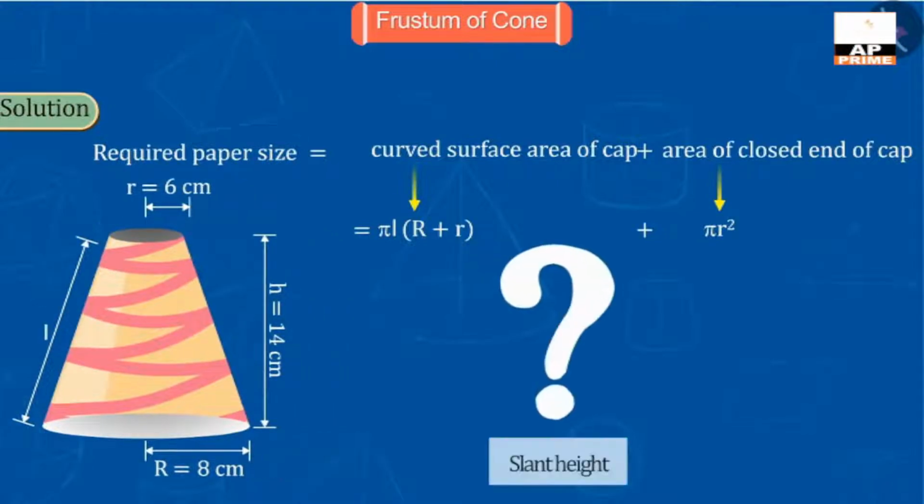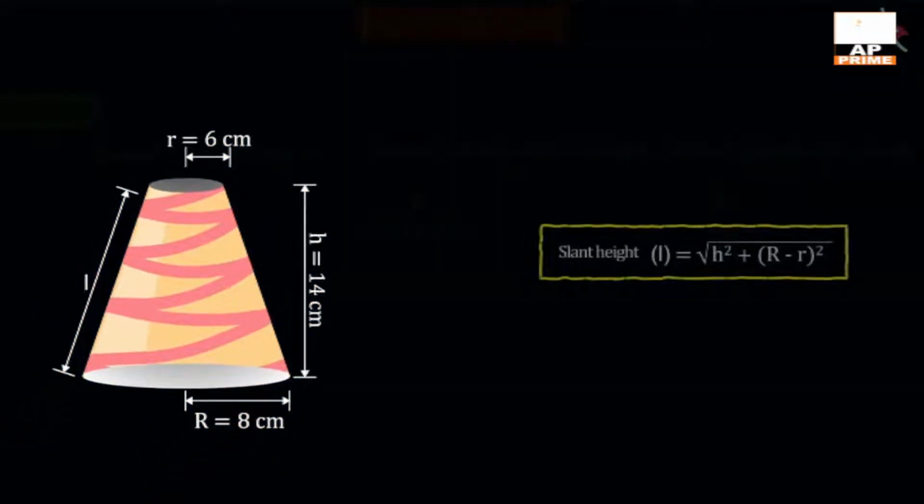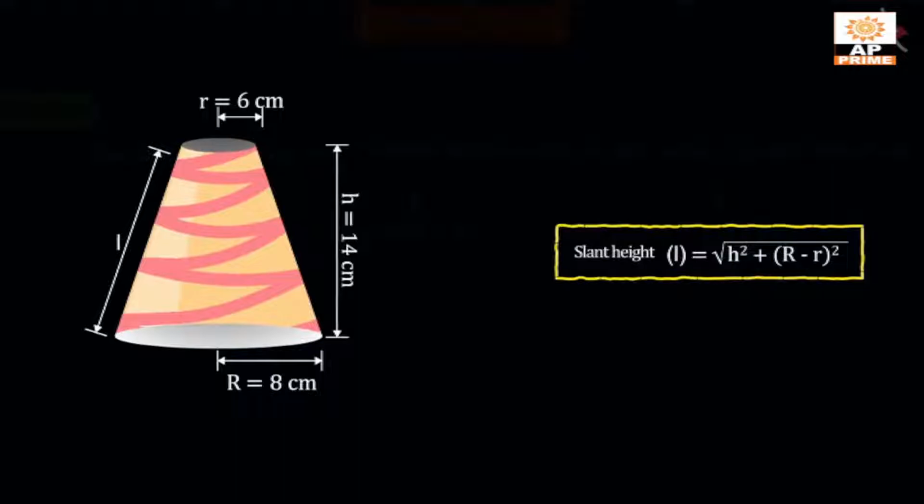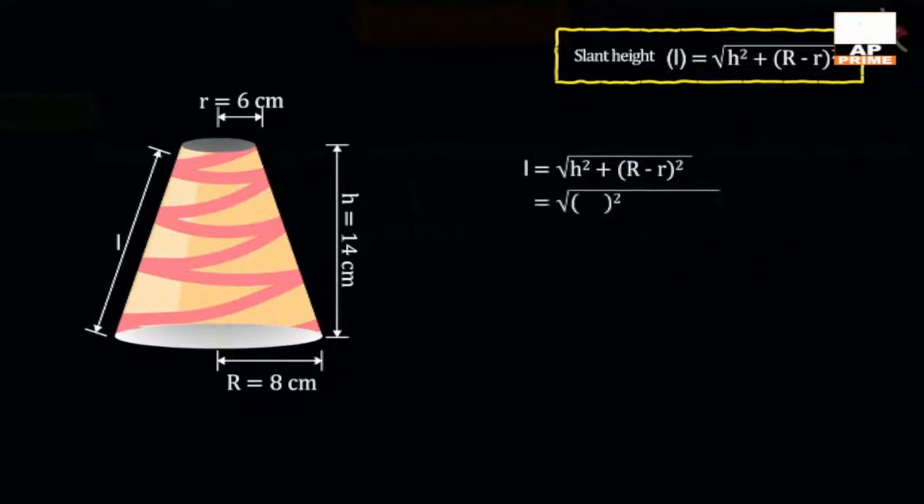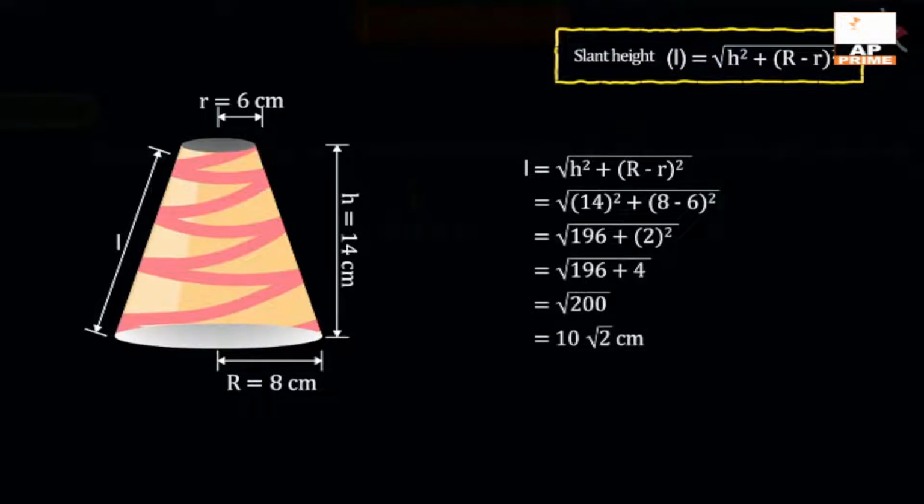Now, how can you find the slant height? Well done. We can find the value of the slant height from this formula. Replacing all values and solving, we get the value of L, that is, the slant height, as 10 root 2 centimeters.